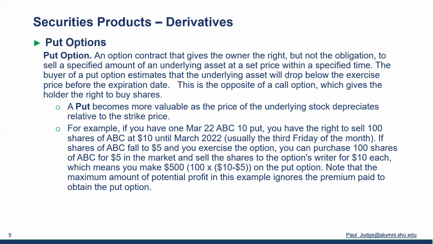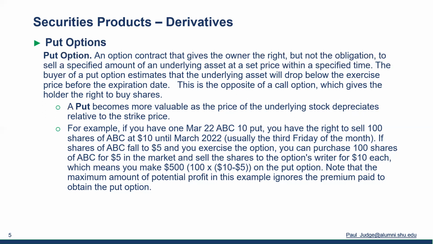But now time goes by, and the shares of ABC are now selling in the market for $5. So you can go to the market and buy it for $5. You've got the right to sell it for $10. So in theory, you could buy 100 shares for $5 a share, and then turn around and sell those 100 shares for $10 a share, because you have a put that lets you sell it.